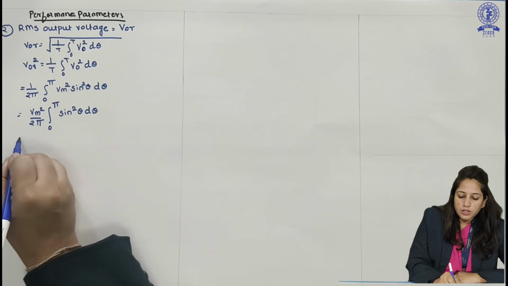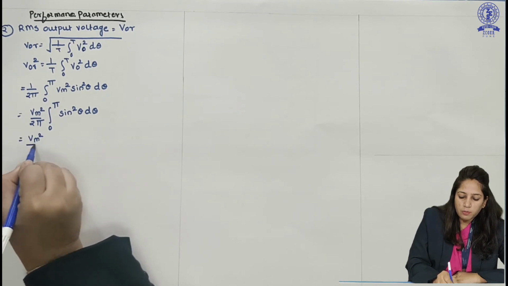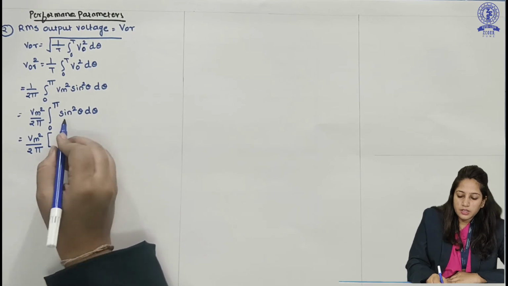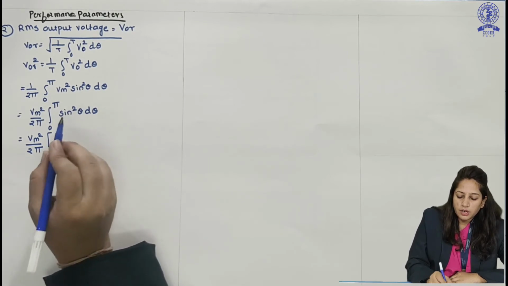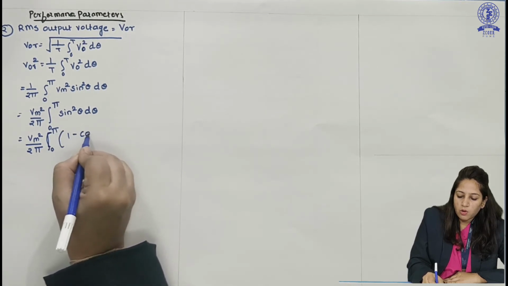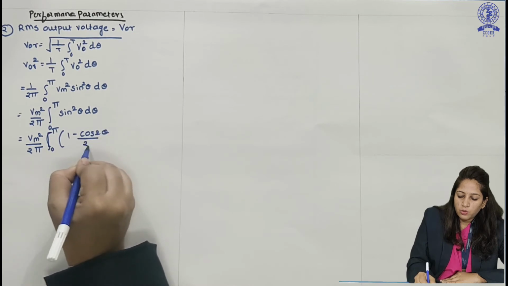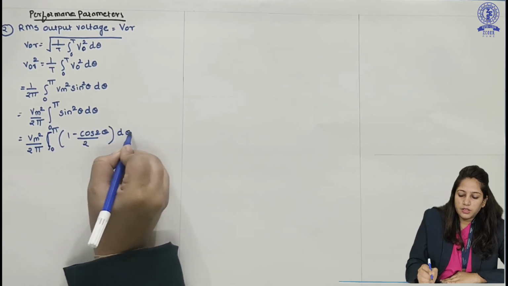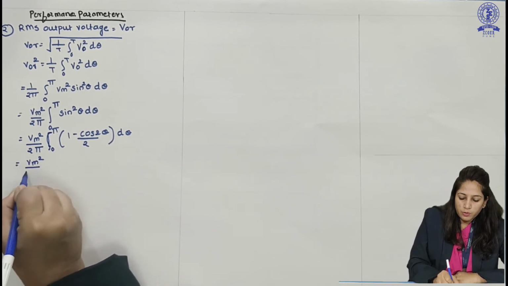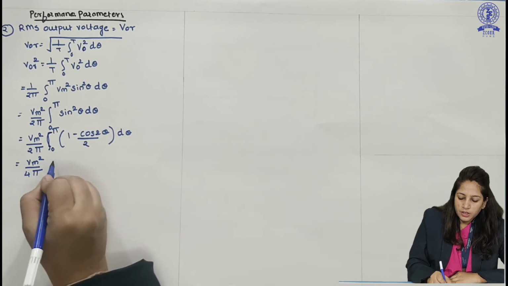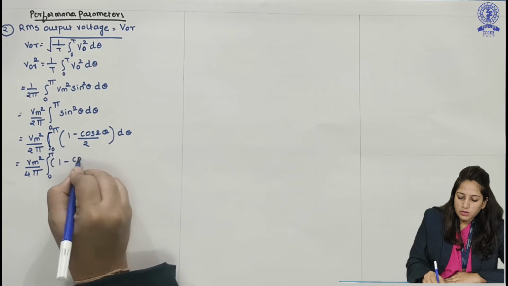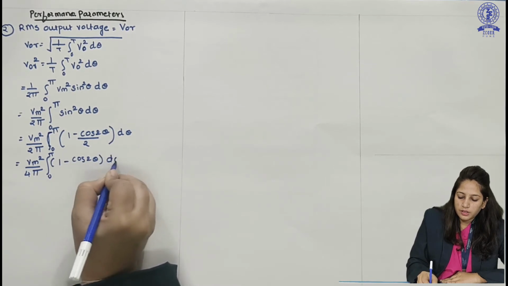Okay, we will solve this integration now. So Vm square upon 2 pi, and inside, for sin square theta, I will write the formula 1 minus cos 2 theta upon 2, d theta. I will take this 2 outside, so Vm square upon 4 pi, integration from 0 to pi of 1 minus cos 2 theta d theta.